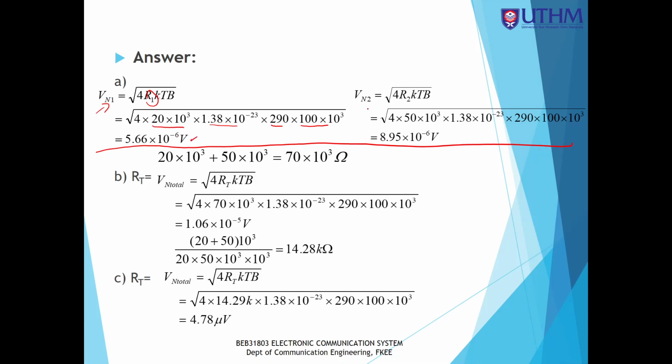And then the noise voltage generated by the second resistor is equal to square root of 4R2KTB. So 4 times 50 kilo ohm multiplied with 1.38 times 10 to the power of minus 23, room temperature, and the bandwidth. So you get 8.95 microvolt.